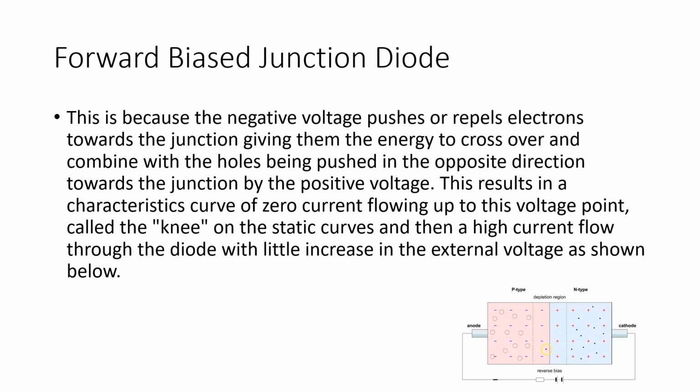You understand? It has to overcome that potential barrier. So what you will essentially see is that a portion of the power supply is going to be used to go against that potential barrier that has been already set up inside of the depletion region.